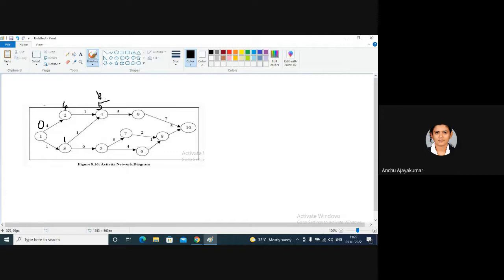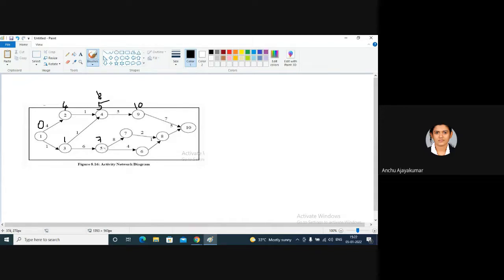We have to take the largest number for earliest time, our TE calculation. So we are taking 5. From 4 to 9, we have an activity with 5 duration; 5 plus 5 gives you 10. From 3 to 5, you have 6 duration, so 1 plus 6 gives you 7.